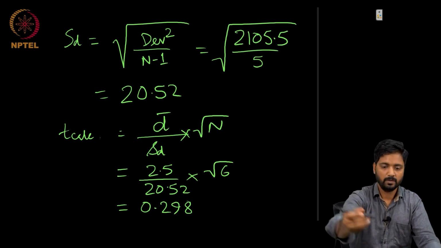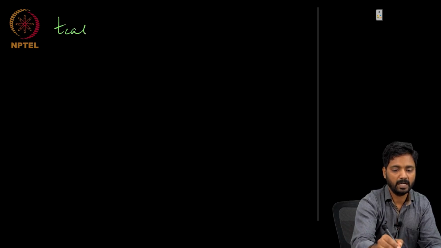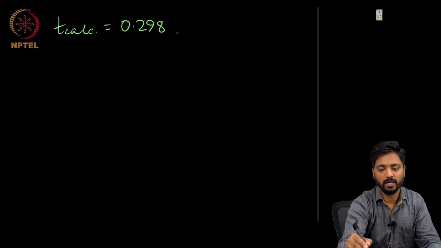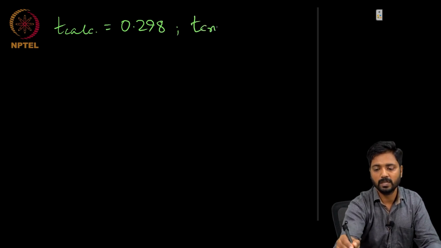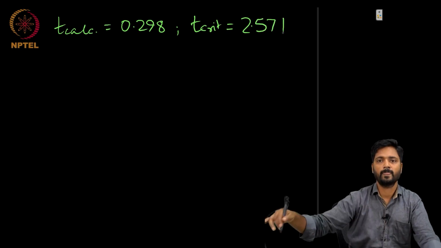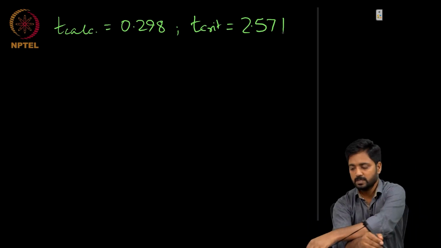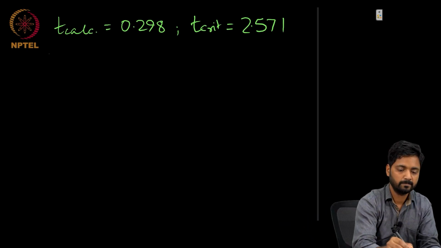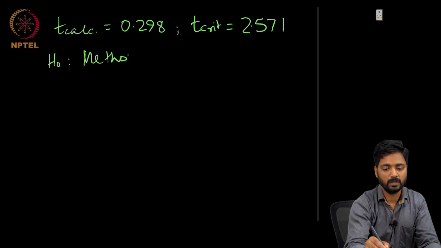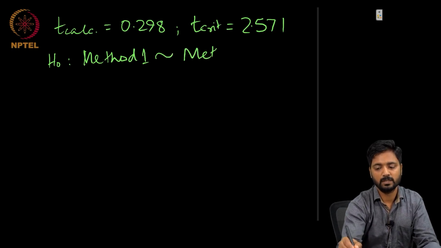Now, going to the next page, we have the T calculated value as 0.298, while our T critical value was 2.571. And remember that our null hypothesis here was that method 1 gives similar results as method 2.